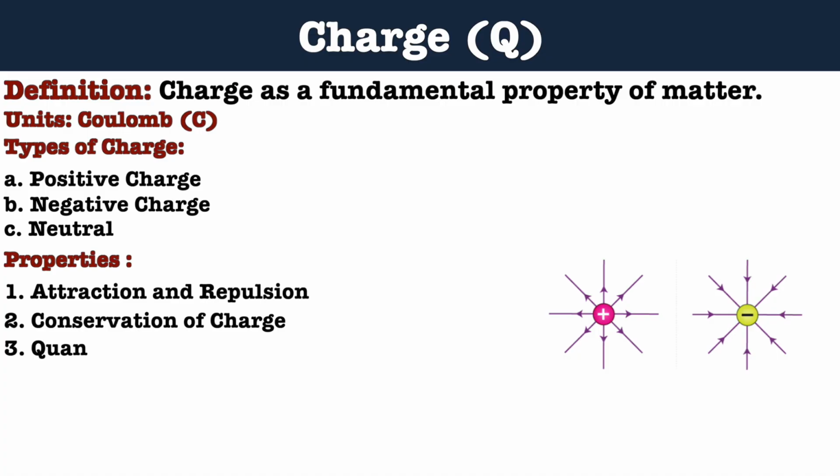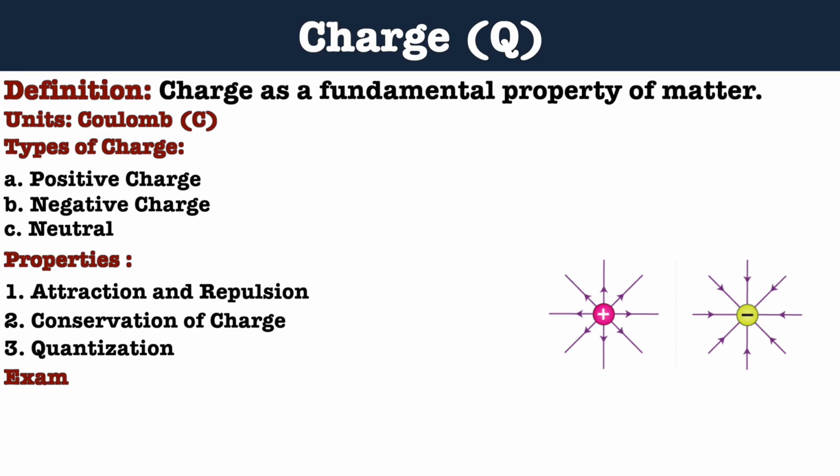The total charge in an isolated system remains constant. Charge cannot be created or destroyed but can be transferred from one object to another. Another property is quantization: charge is quantized, meaning it comes in discrete units. The smallest unit of charge is the charge of a single electron or proton.